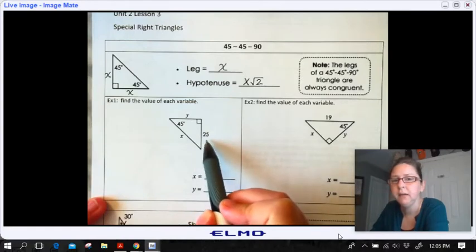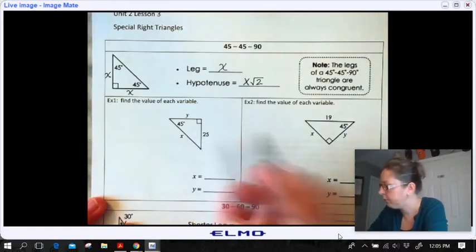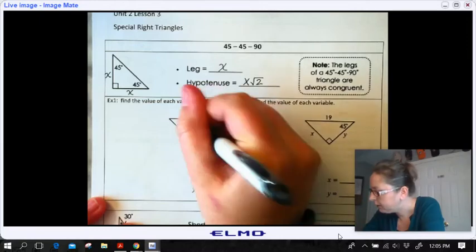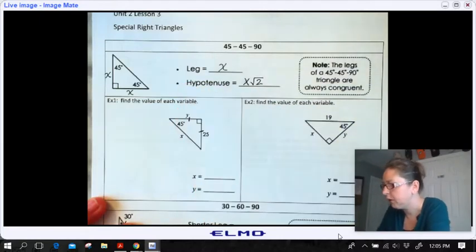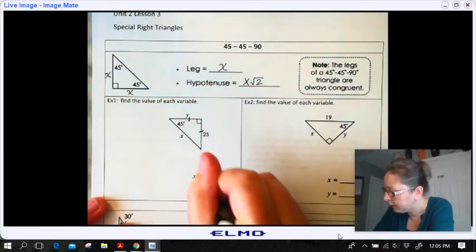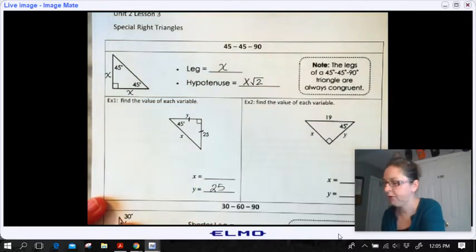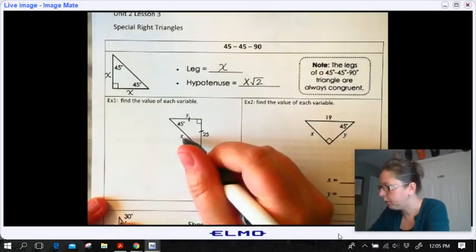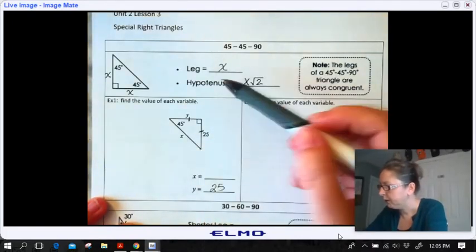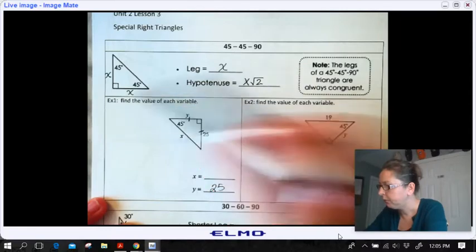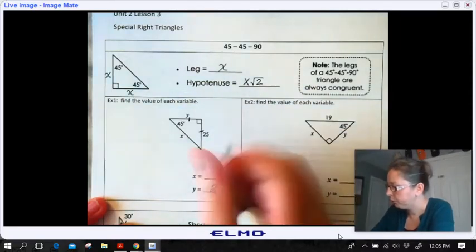So if this leg equals 25, this leg and this leg are the same measure. So the value of y is 25. It's going to be the same. And now what does this x value equal? Well, it's going to be 25 square roots of 2.